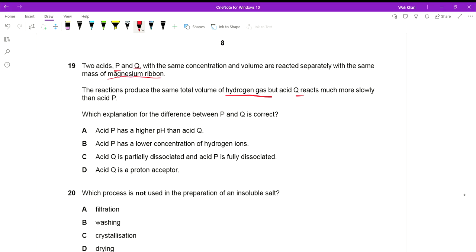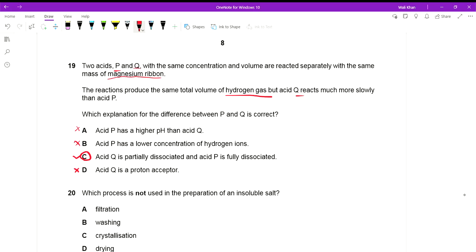Acid P has a higher pH than acid Q. No. Acid P has a lower concentration of hydrogen ions. No. Acid Q is partially dissociated and acid P is fully dissociated. Yes. Acid Q is a proton acceptor. No. So the option is C.